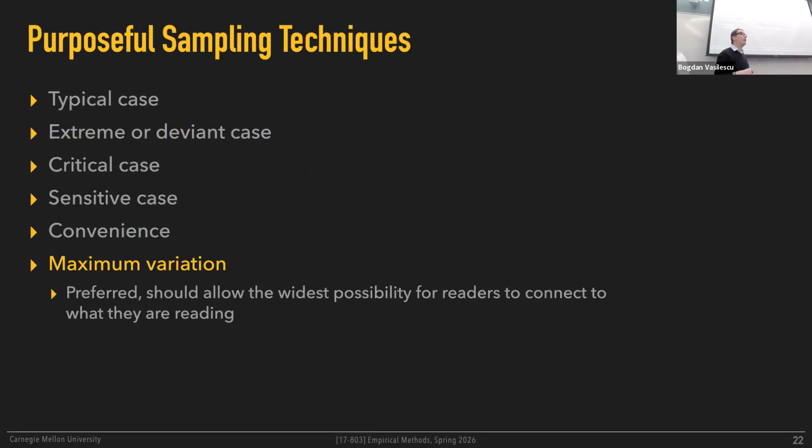Right. So these are some of these purposeful sampling techniques. You note how random sampling is not among them. The one that I see the most, the one I use the most, is the one called maximum variation, which is exactly what I described earlier. You're trying to maximize the variation in perspectives among your interview participants.